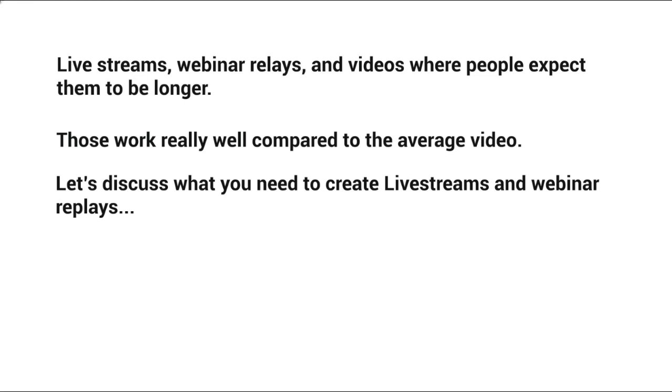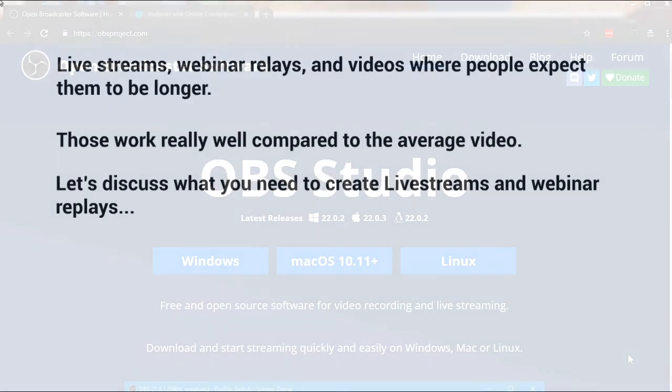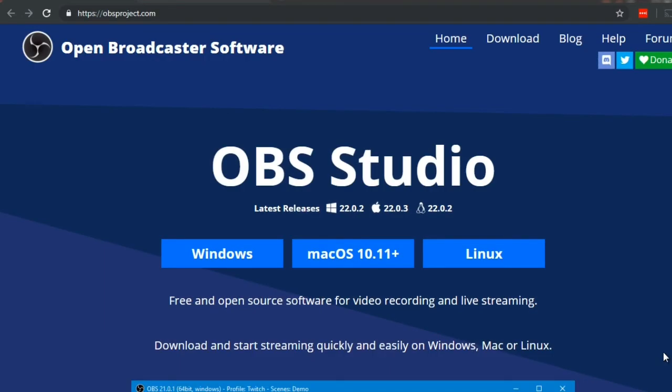Let's discuss what you need in terms of software or web applications to create live streams and webinar replays. In order to create a YouTube live stream, you need broadcasting software. There are many. You can go to YouTube, type in how to set up a live stream, and there are a lot of videos on that.